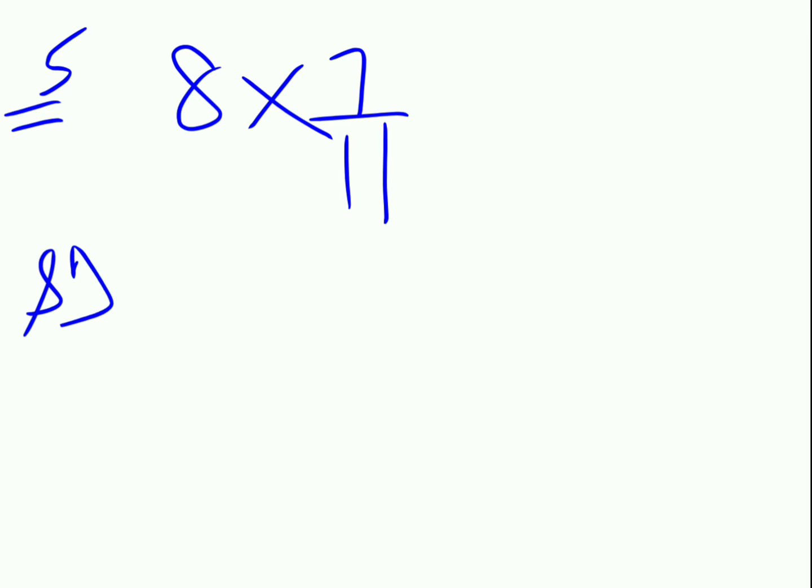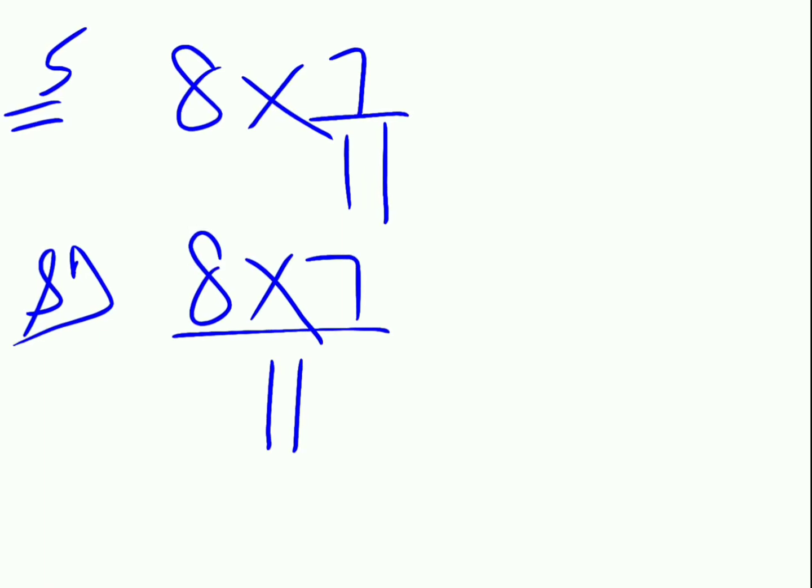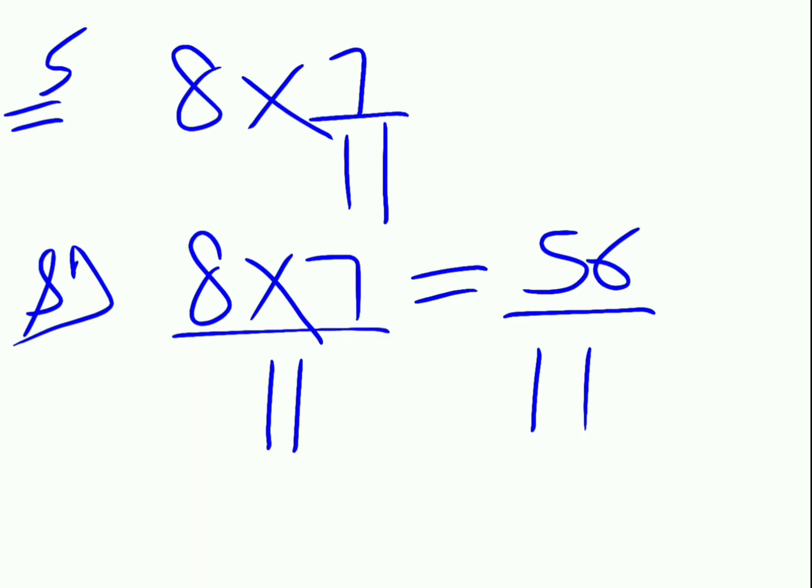Similarly, we do the fifth part, that is 8 into 7 upon 11. The denominator is 11, so you write it as it is. The whole number is 8. Multiply it with the numerator of the fraction. When you multiply it, the answer comes 8 7s are 56 and the denominator will be 11.